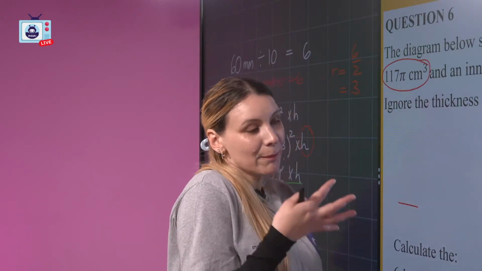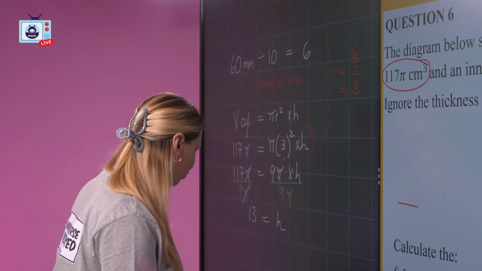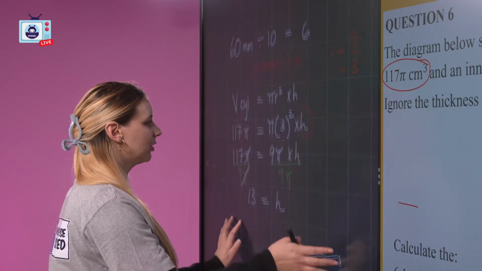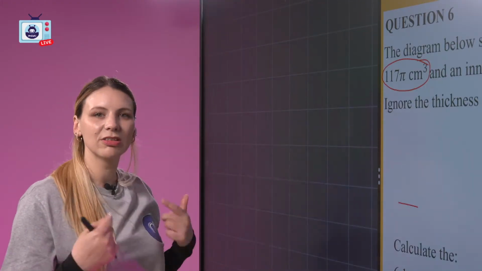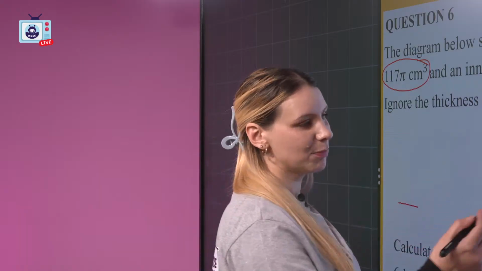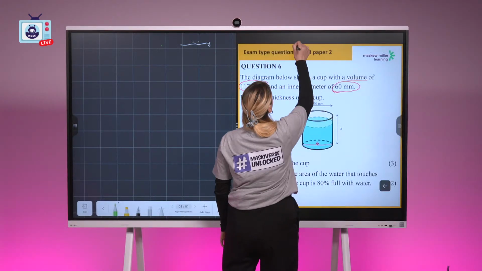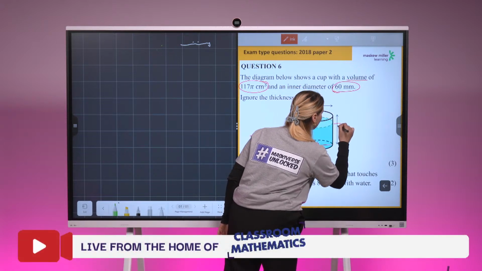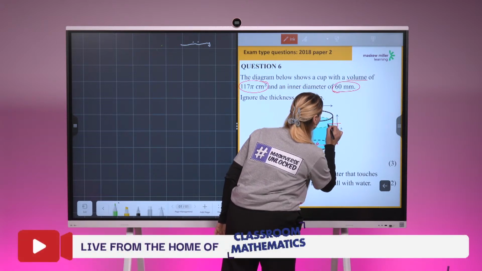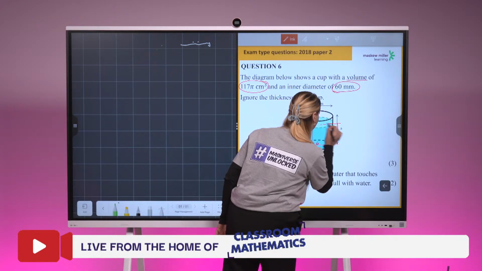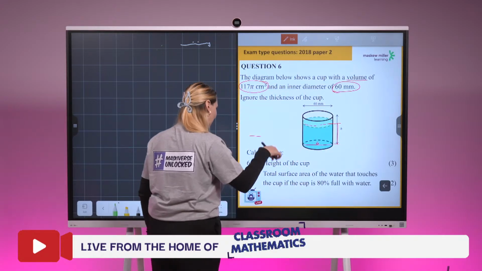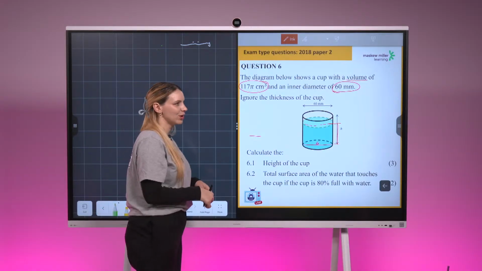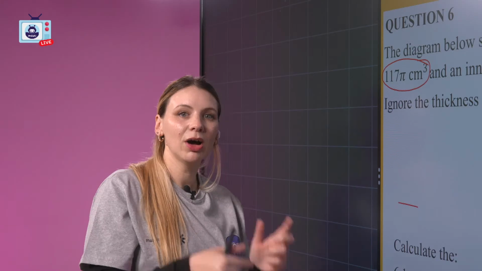So I think the best way to think of this is to imagine that my height has reduced. My height will reduce by 20% because the water is only filling up 80% of the cup. So if we think of it this way, our height is now going to be up to here, where the water will be, which is up to 80%, which means that we have to get 80% of our height.